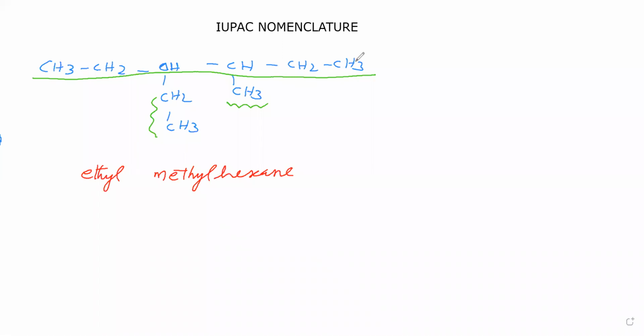If we give numbering starting from the right, methyl gets 3, ethyl gets 4. If we start giving numbering from the left side, 1, 2, 3, 4, 5 and 6, then ethyl gets 3, methyl gets 4.